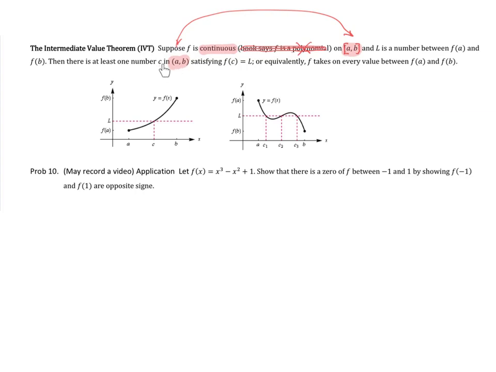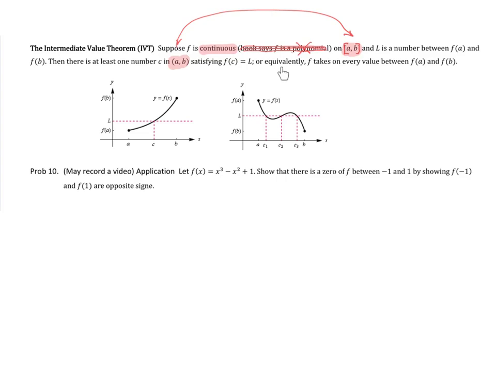So in other words, c is inside (a, b), not at the endpoints. There is at least one c in between a and b satisfying f of c equals L. Suppose this is L. Do you see that right here? c is in between a and b. f of c equals L, right? So that's what this theorem is saying.